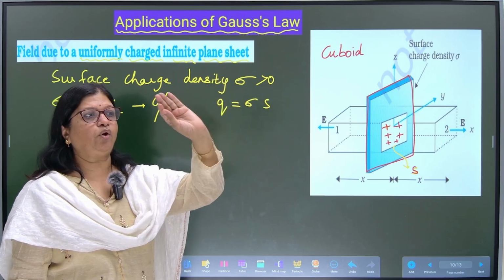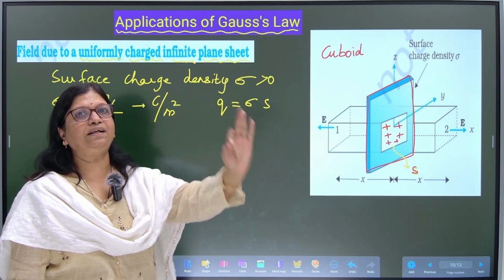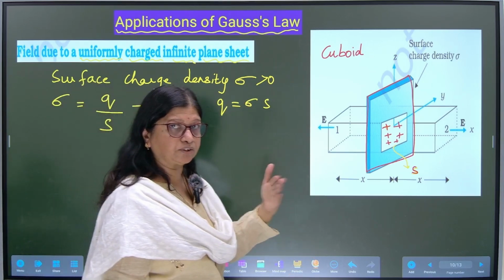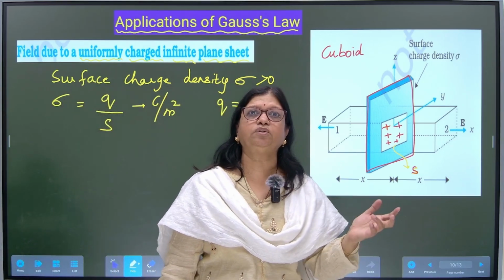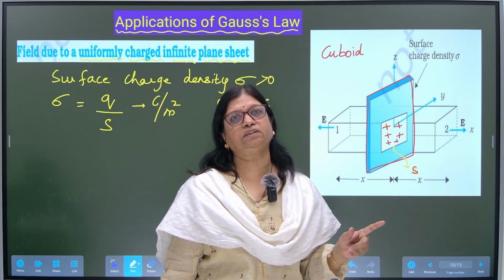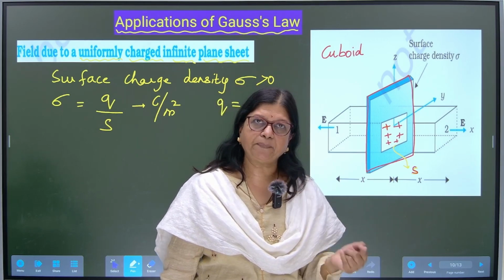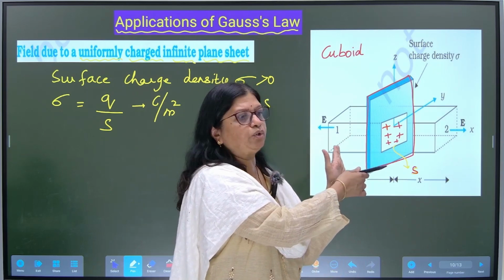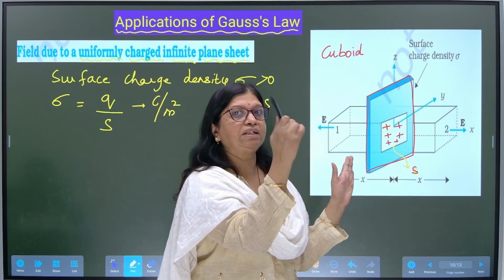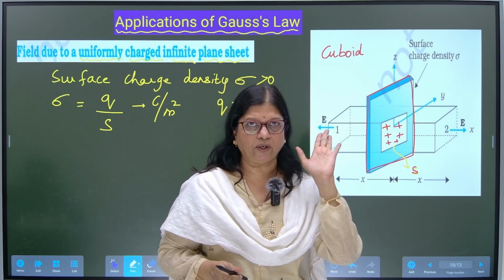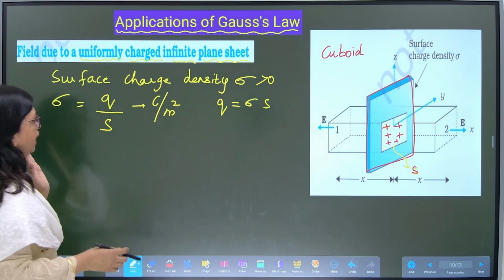We can also take a cylindrical Gaussian surface passing through the sheet. Now actually is this cuboid passing through the sheet? No, it is an imaginary Gaussian surface of the shape of a cuboid. It is not there. We only have a sheet. So we have taken it, correct?